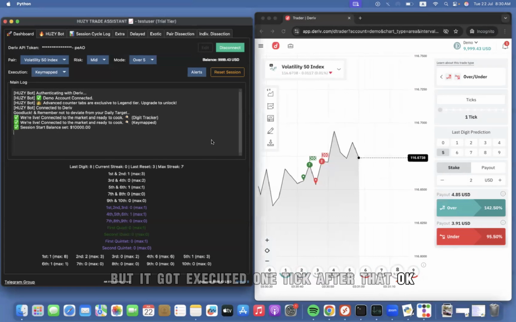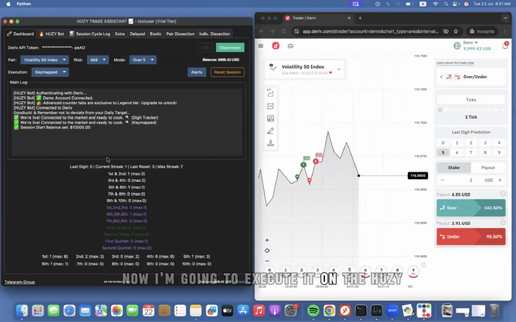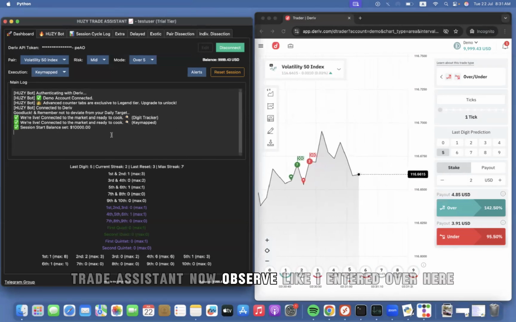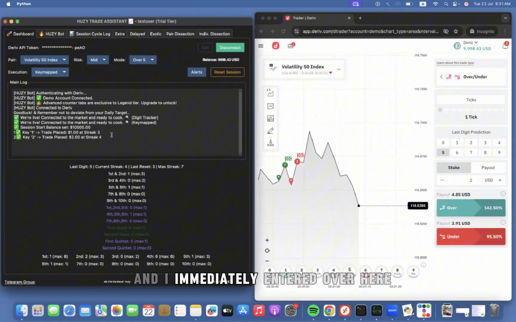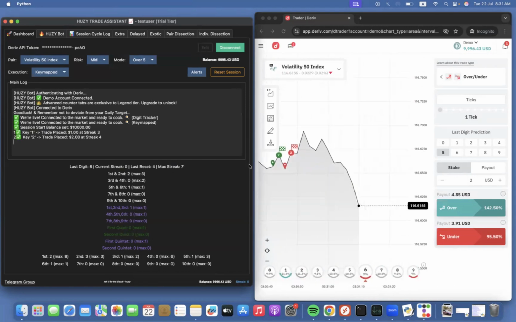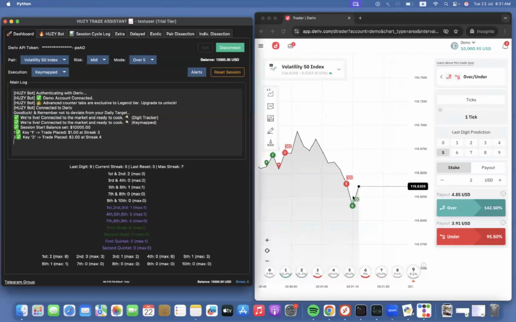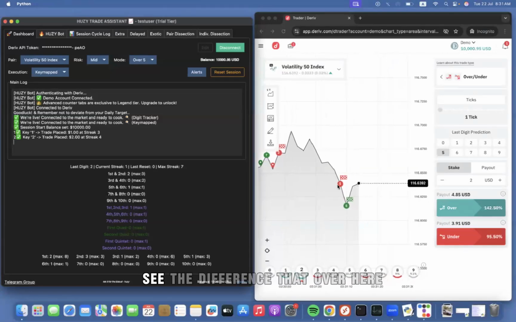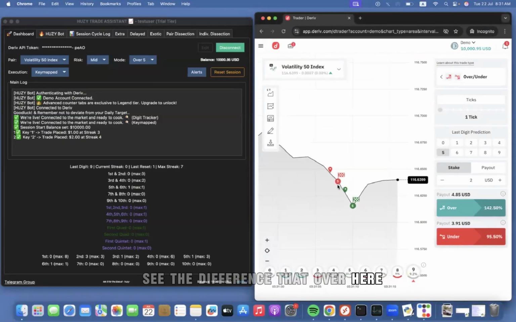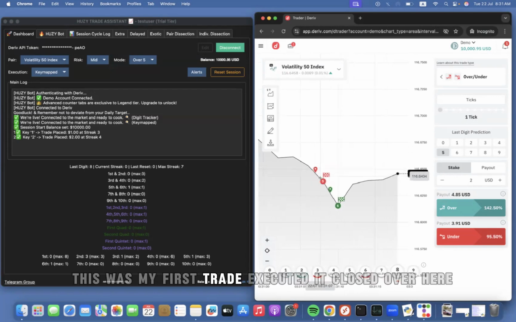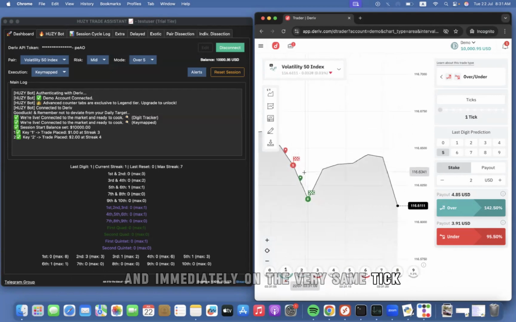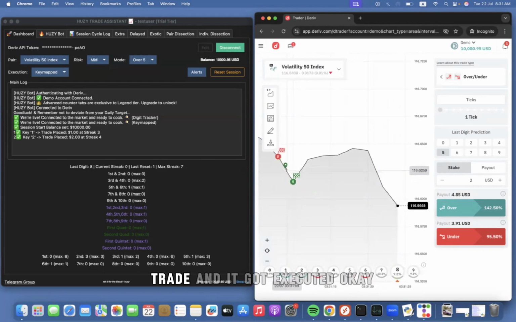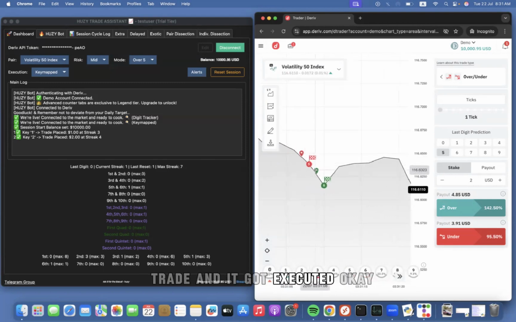Now I'm going to execute it on the Huzi Trade Assistant. Observe, I entered over here and I immediately entered over here. You see the difference: this was my first trade, executed, it closed over here, and immediately on the very same tick, I was able to execute my second trade and it got executed.